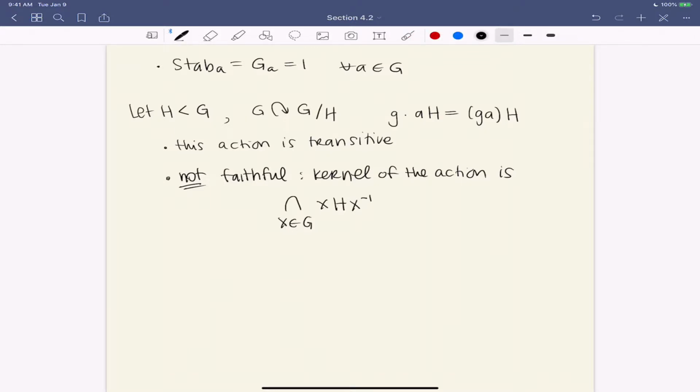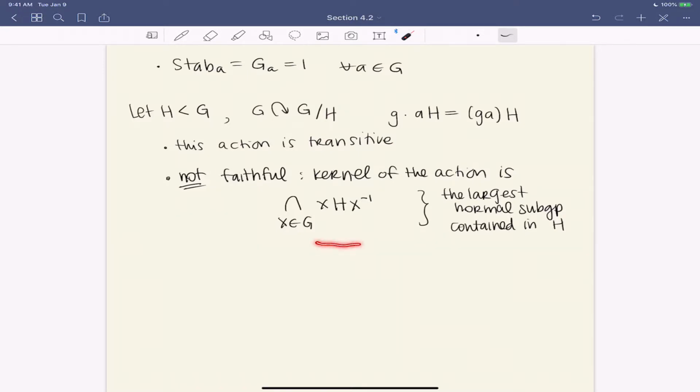Now, this is, in fact, the largest normal subgroup of G contained in H. It should make sense to you that this is normal because it's the intersection of every conjugate.